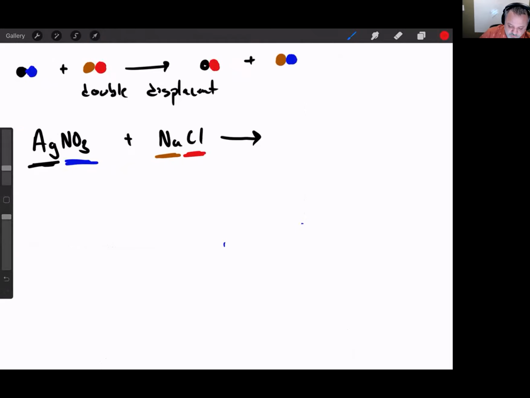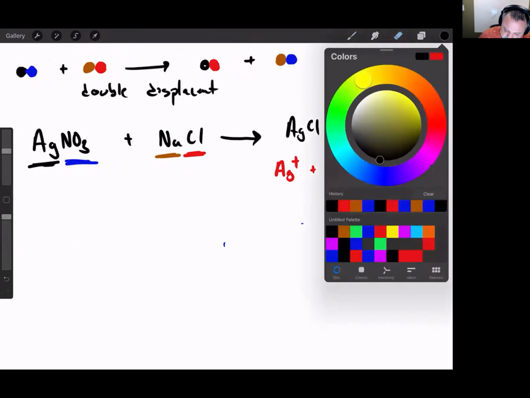And so what do I mean by that? Well, we have to know that it's silver ion and chloride ion that's going to get together. So that means that the formula will be AgCl. The same thing is going to be true for sodium and nitrate.